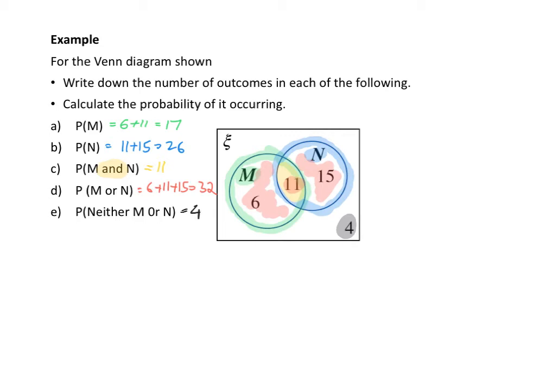So now that we've written down the number of outcomes for each of the following, we can have a look at calculating the probability of each. Now the probability of each is going to be equal to the number of favourable outcomes divided by the number of possible outcomes.